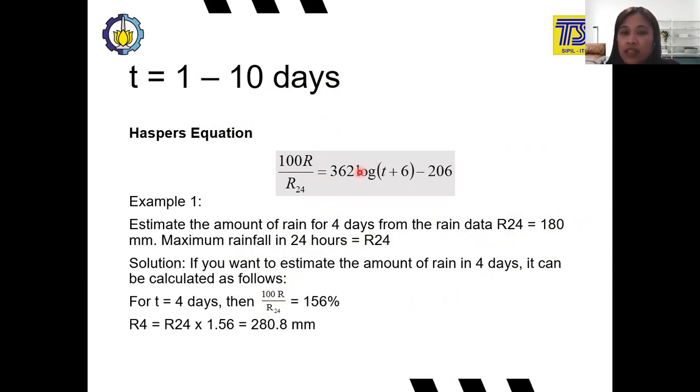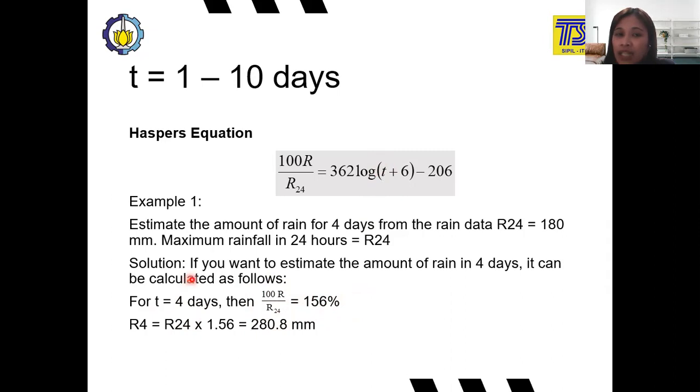Using this formula, 362 log t plus 6 minus 206, we can use t equal to 4 days here, and then we got 100 R divided by R24 equal to 156%.